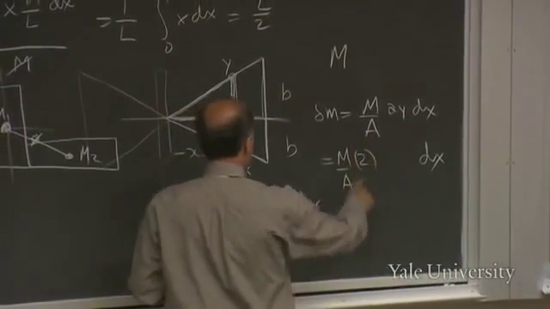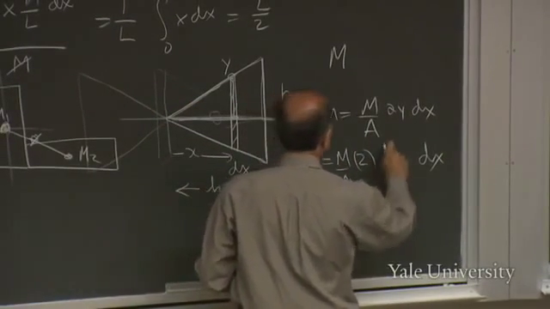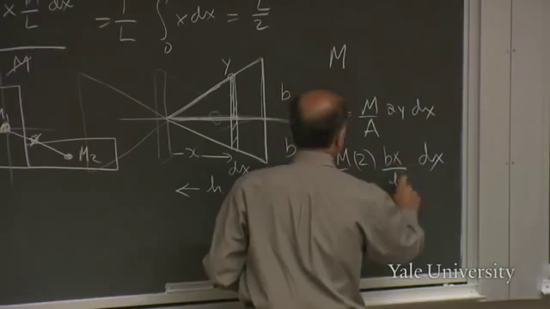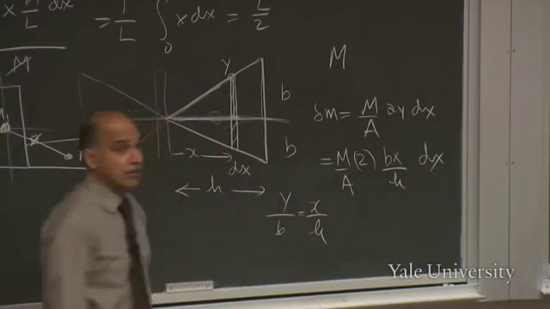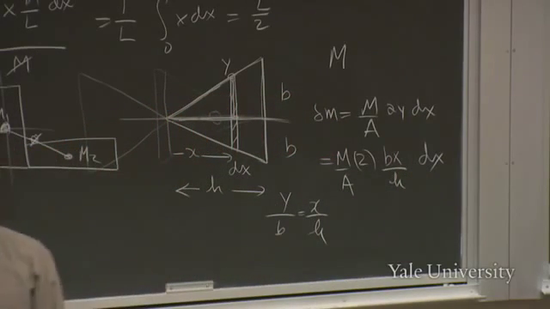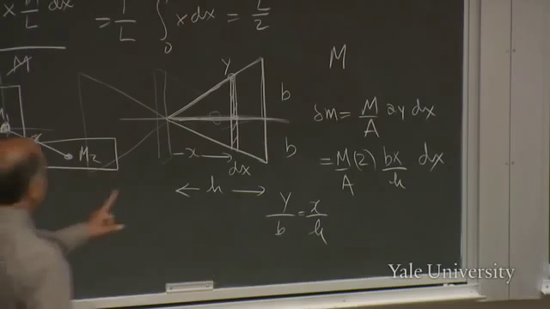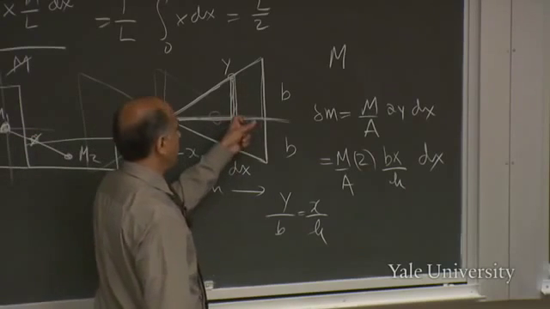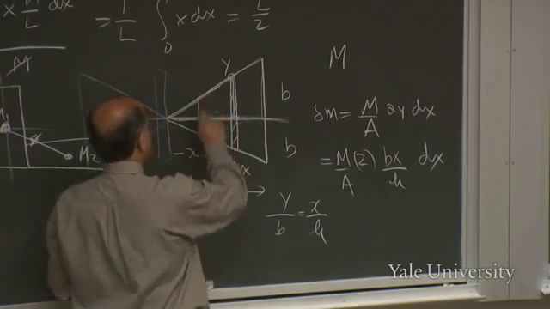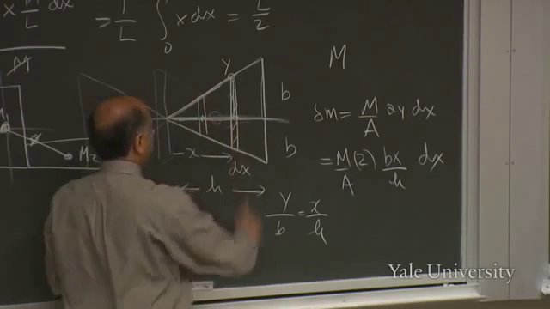Therefore, the y here can be replaced by bx over h. So that is the mass of the sliver here, and its center is obviously here. So there is a mass there, there's a mass there.